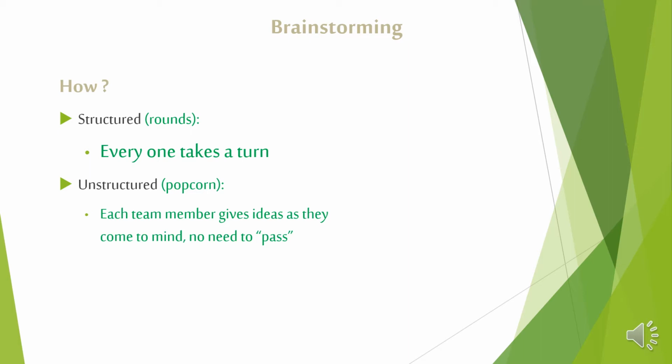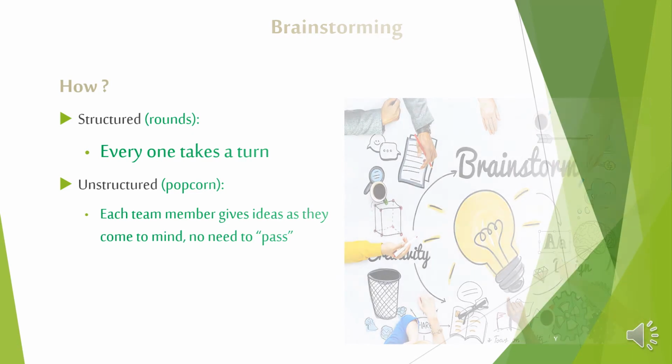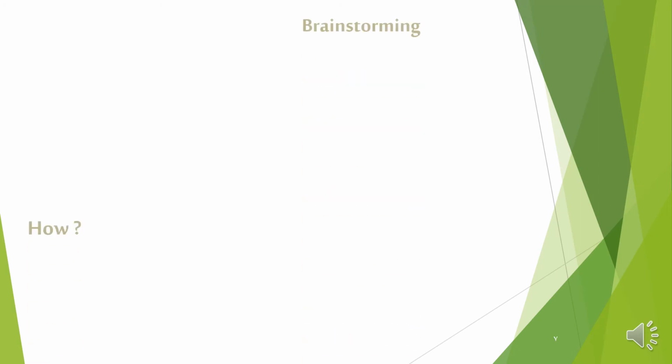Someone will take the lead. He will give a lot of inputs, and some people will sit silent. They will not give any input. This is the disadvantage of the unstructured or popcorn type of brainstorming. So we have 2 types, structured and non-structured.